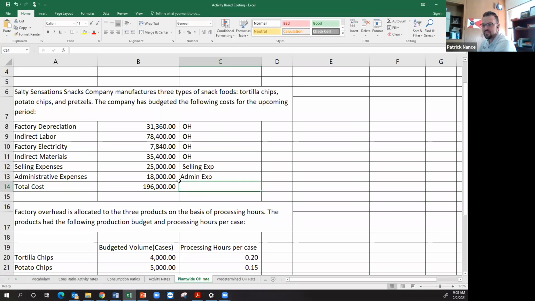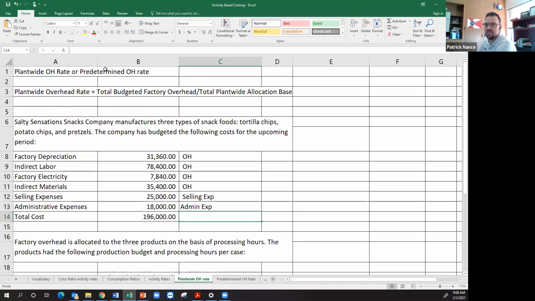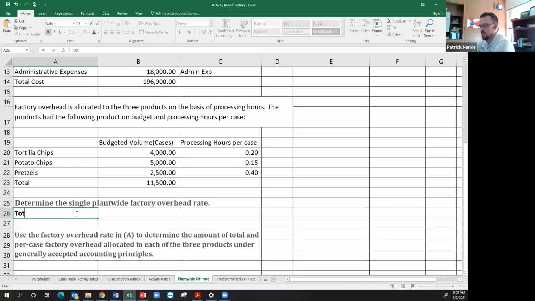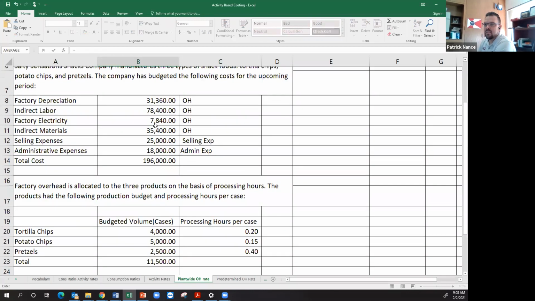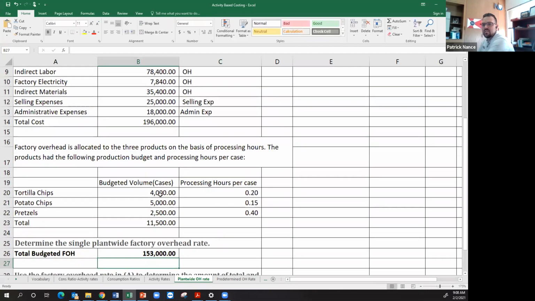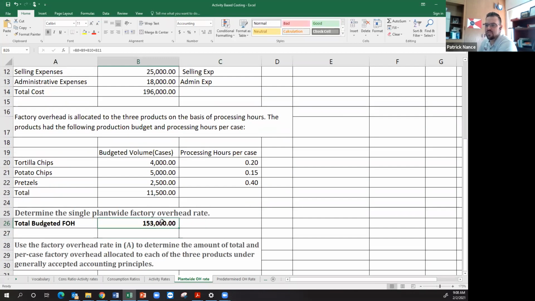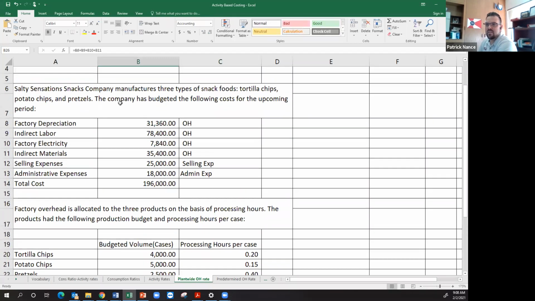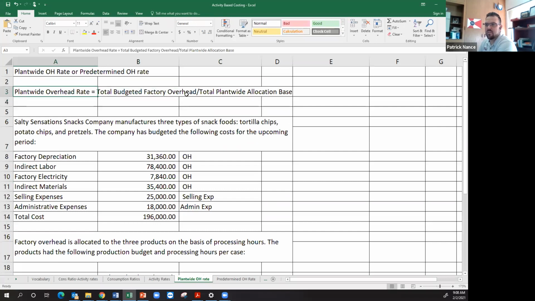Now, to use my formula, I need to find the total budgeted factory overhead. I'm just going to add 31,600 plus 78,400 plus 78,440 plus 35,400, and that's all my overhead. $153,000 is my total overhead. So now I found the top part of my function, the total factory overhead.